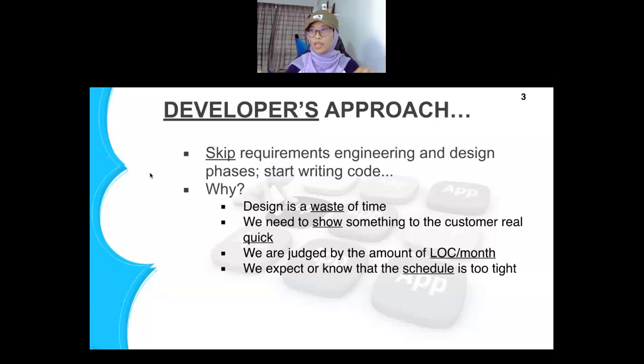I want to develop the system without planning, because design is part of planning, right? They also think they need to show results as quickly as possible, and they are judged by the amount, because people always ask how long it will take to complete this project, right?